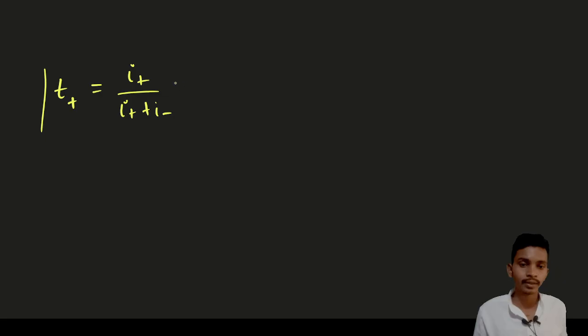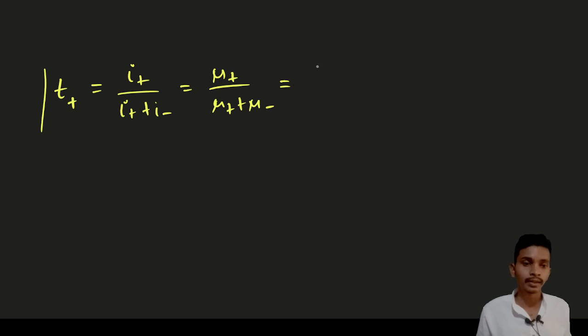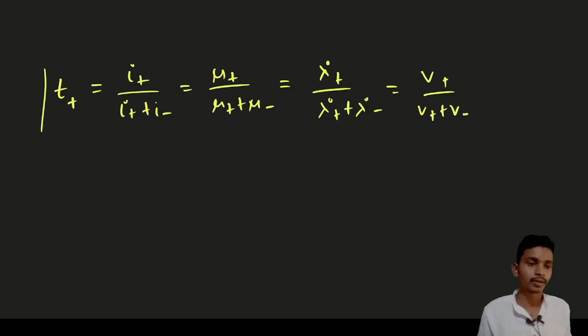This is also right, and this is also equal to ionic mobility of cations upon ionic mobility of cations plus ionic mobility of anions. Also velocity of cations upon velocity of cations plus velocity of anions, this is also right.